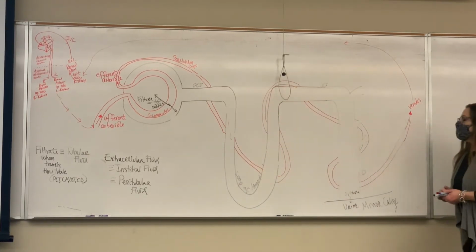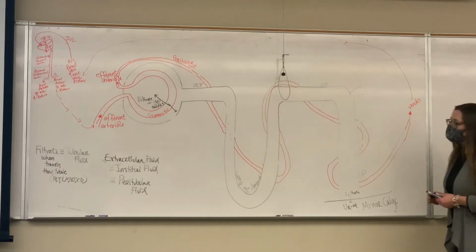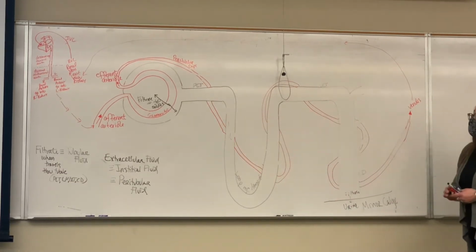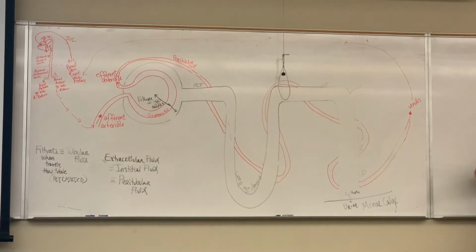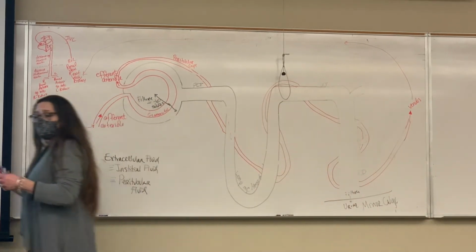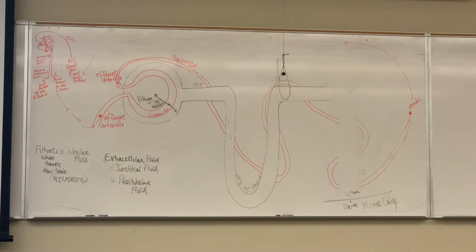So while this filtrate is traveling through the renal tubule, we have to put most of it right back in the bloodstream. That's what we're going to talk about first. That's called reabsorption.